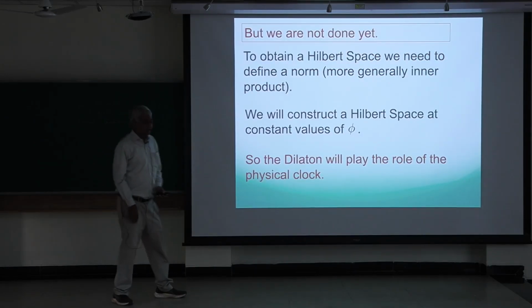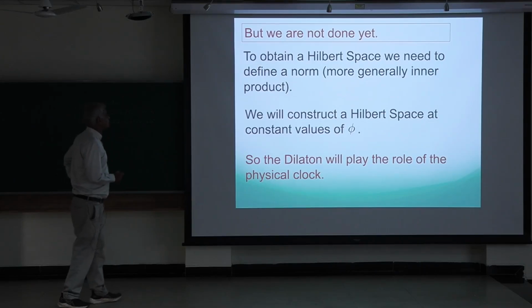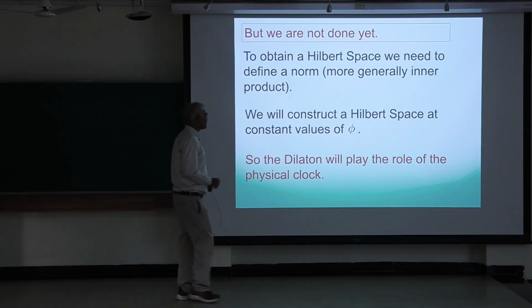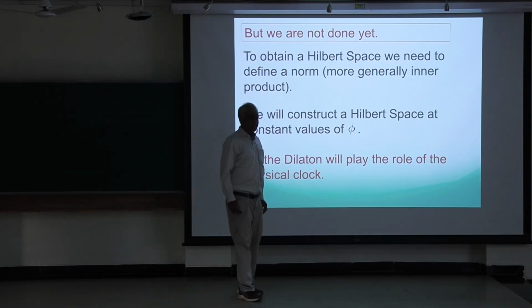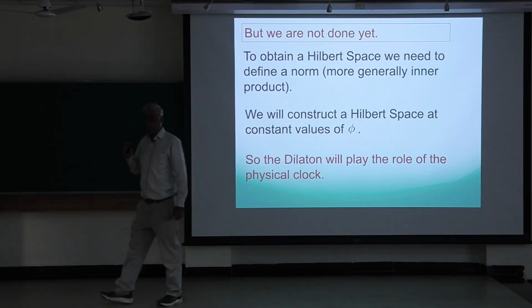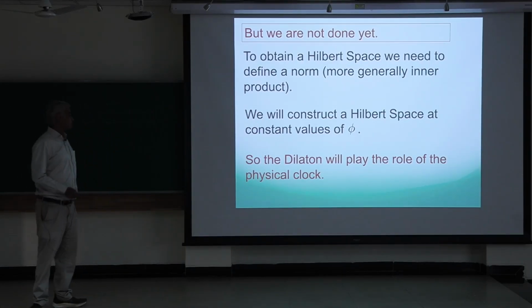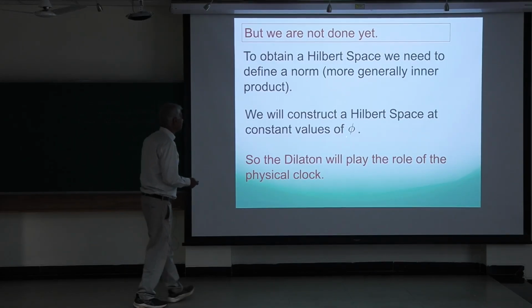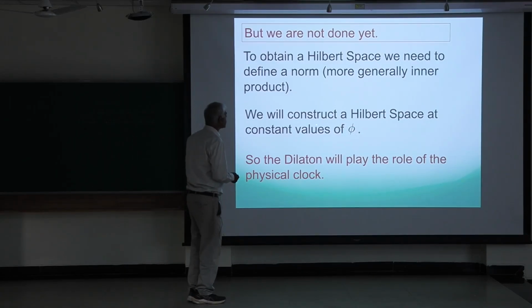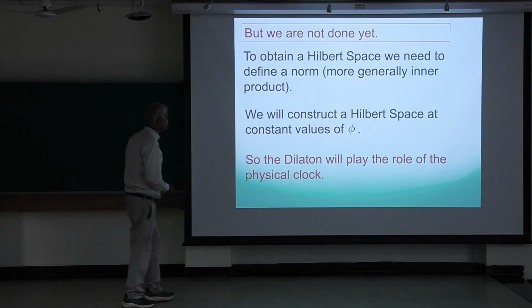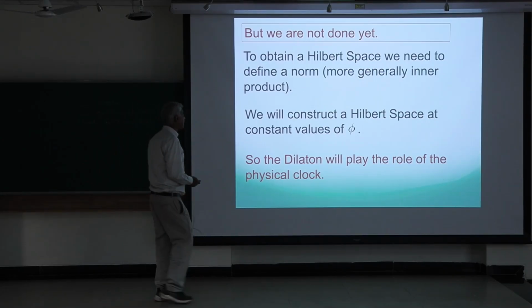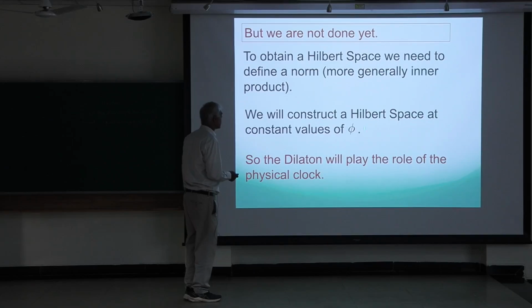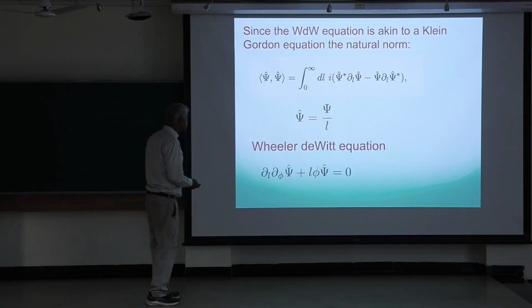Now I should really push on, but we are actually not done yet. We have the solutions, but we need to construct a Hilbert space, and that means we have to define a norm and so on in the space of solutions. And as I said, we are choosing the clock to be the dilaton. So we'll construct a Hilbert space for constant values of the dilaton, and try to define an inner product on this space.